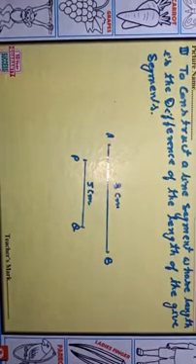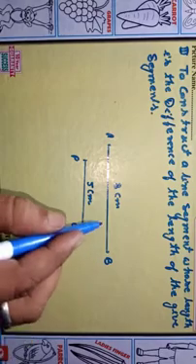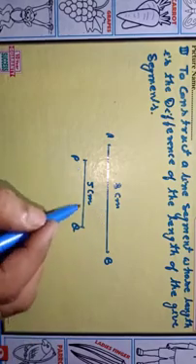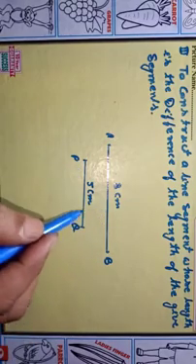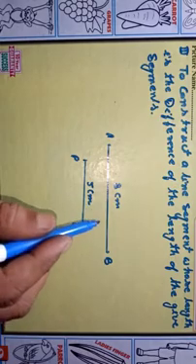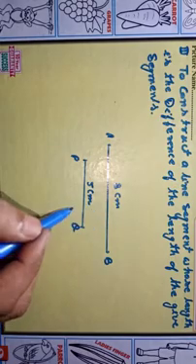Next, to construct a line segment whose length is the difference of the lengths of given segments. Suppose two line segments are given, AB 8 cm, PQ 5 cm. Construct a third line segment whose length is the difference of AB and PQ.